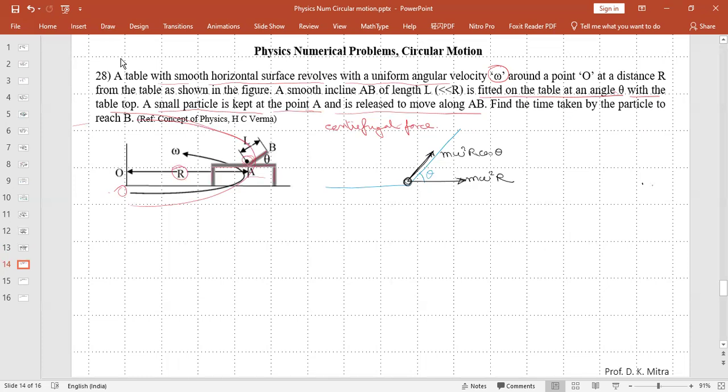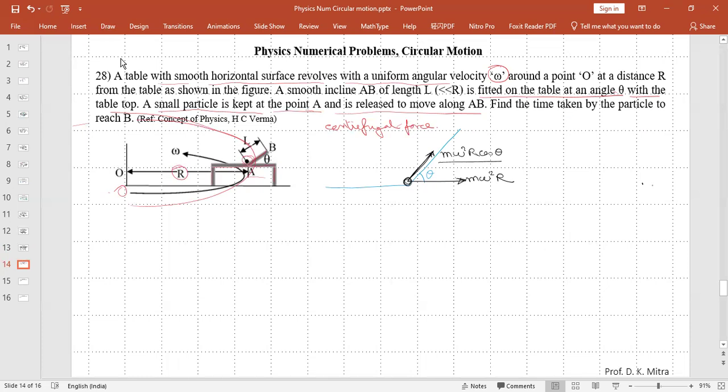If the inclination is very steep, the ball will not be able to climb. But if the slope is very small, the block will have a tendency to climb up the slope. So the force upward along the slope is m omega square r cos theta.